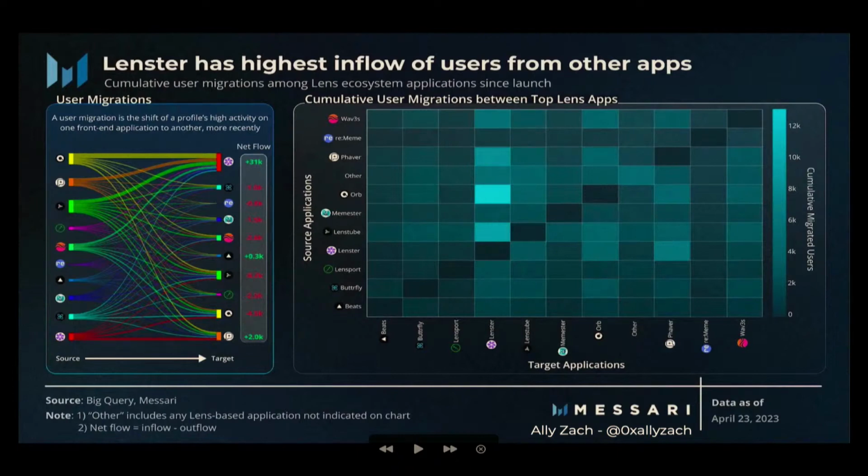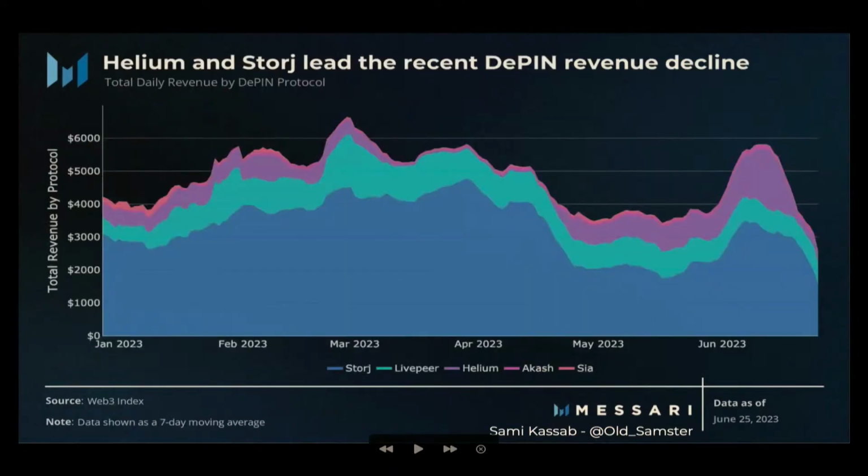And this is only possible due to the openness of the data and being able to quantify and track who was the user across all of these different applications. If we move into value accrual or revenue in terms of comparability, my colleague Sammy here has put together total revenue for different DePIN, or decentralized physical infrastructure networks.